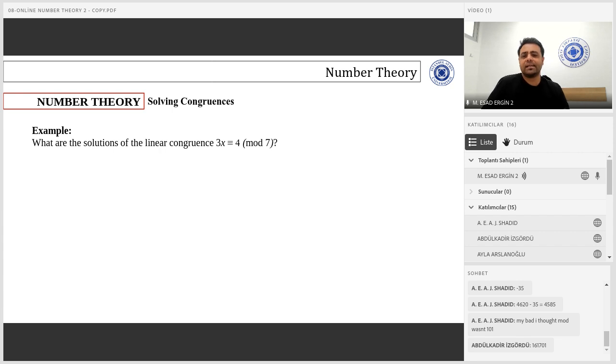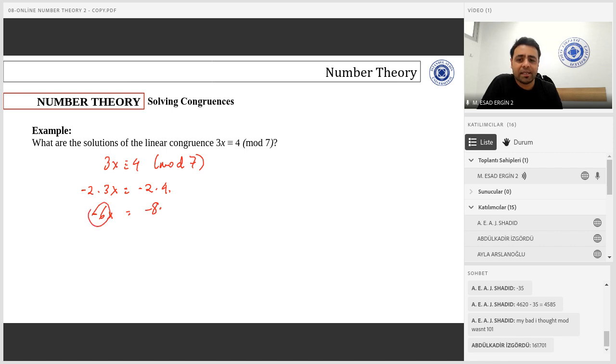So in this case, we can say that if you do the mathematics, 3x equals 4 in modulo 7. If I multiply both sides by minus 2, it will be minus 6 multiplied by x equals minus 8. The minus 6 in modulo 7 is 1. So x will be the minus 8 in modulo 7.